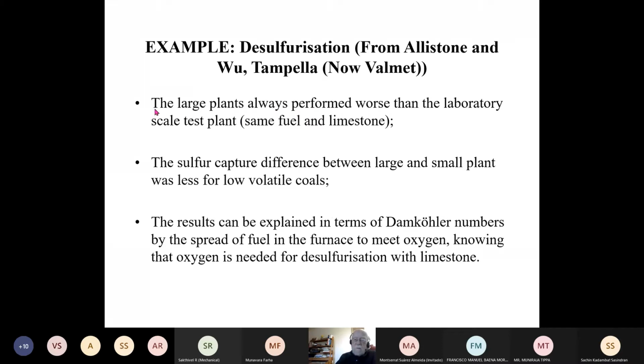But the general experience was that the large plants always performed worse than the laboratory scale plant. Limestone performance to capture sulfur was much better in the laboratory than in a large plant.